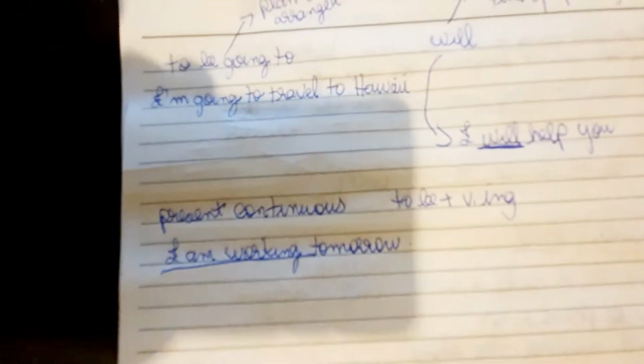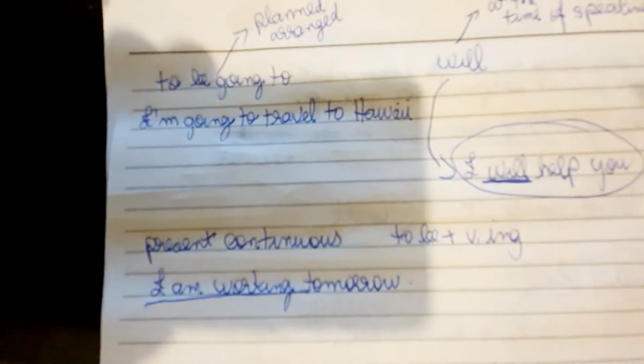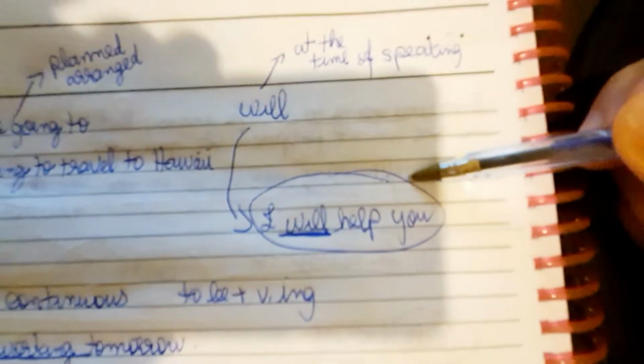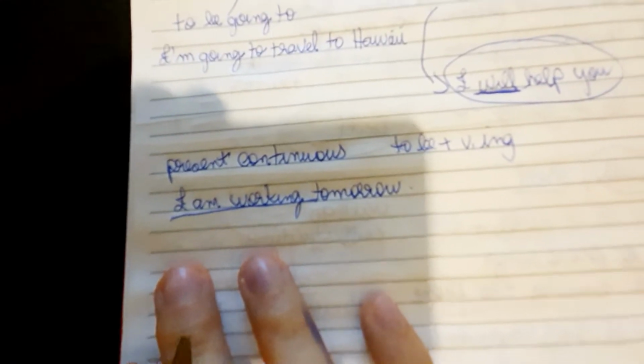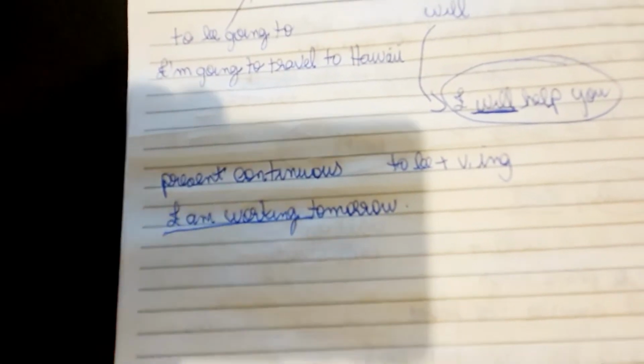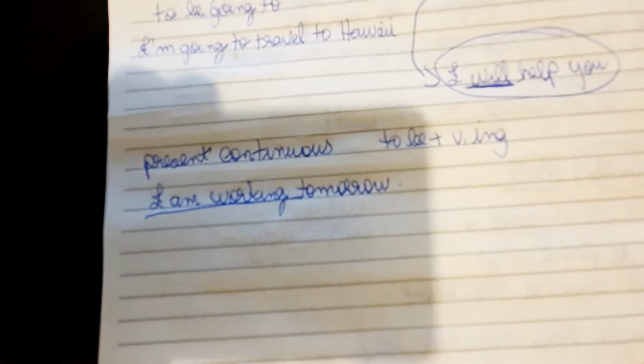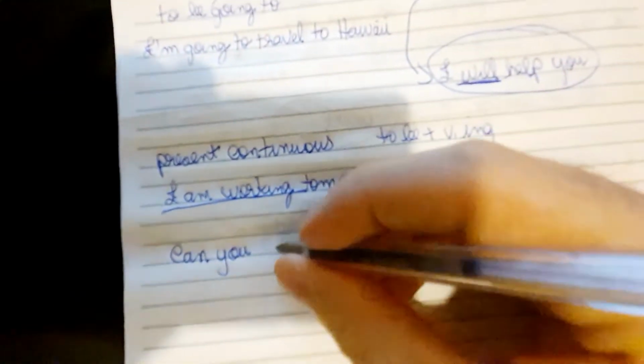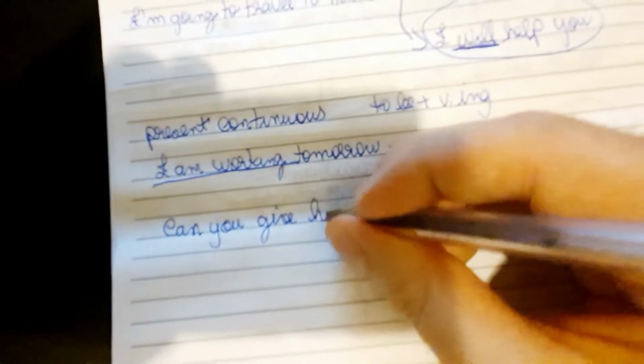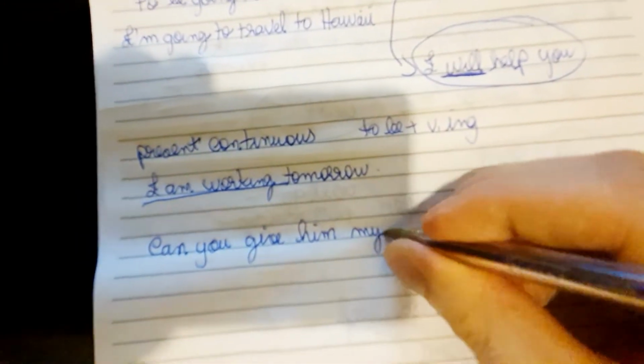Okay. And in this situation, for example, as I mentioned, I will help you with the groceries. You offer to do something, okay? I go to your home and you want me to carry something, right? To do something for you, or you promise to do something. So there are many situations. For example, can you give him my letter?